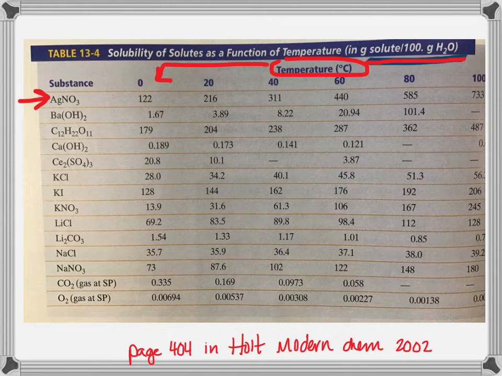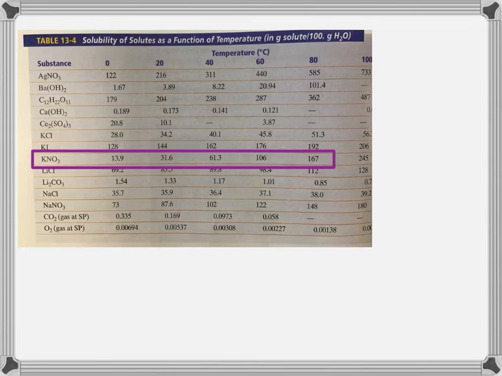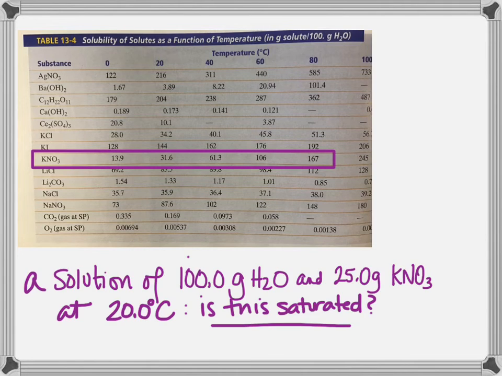So, to figure out if a solution is saturated or not, we use a solubility table like this. Let's look specifically at the line entry for potassium nitrate, KNO3. If we have 100 grams of water and 25 grams of potassium nitrate, and the solvent is at 20 degrees Celsius, do we have a saturated solution?